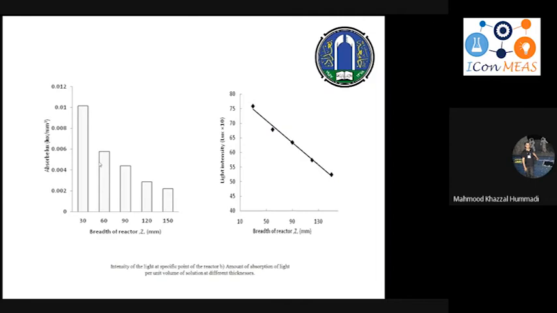In addition, we should not ignore that the presence of algae or microalgae in a homogeneous manner contributes to absorbing the intensity of the lighting and reducing its exit from the other side of the reactor. The continuous cell growth factor contributes to changing the intensity of the lighting over time.